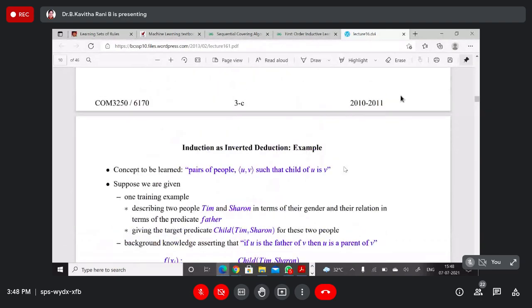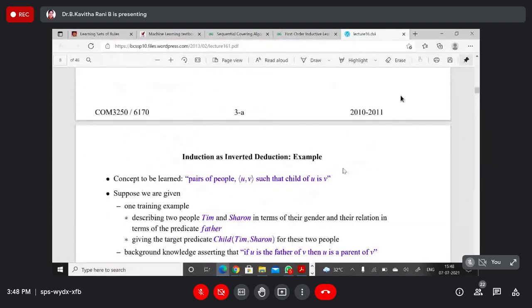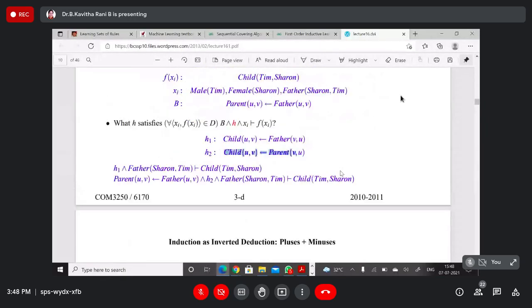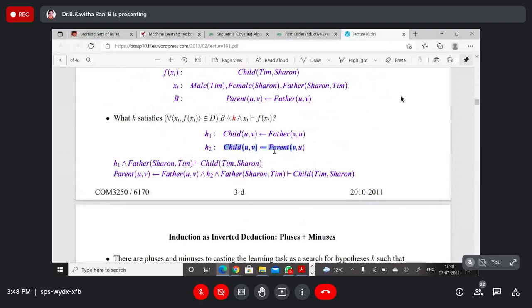And U is parent of V. U is parent of V. V is child of U. Okay. So what is H1? H1 is Father(Sharon, Tim), Child(Tim, Sharon). So in two ways you can write it.